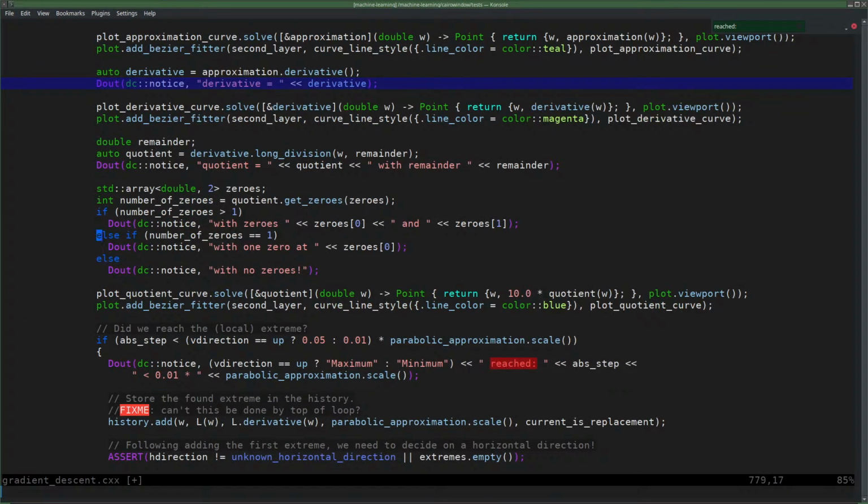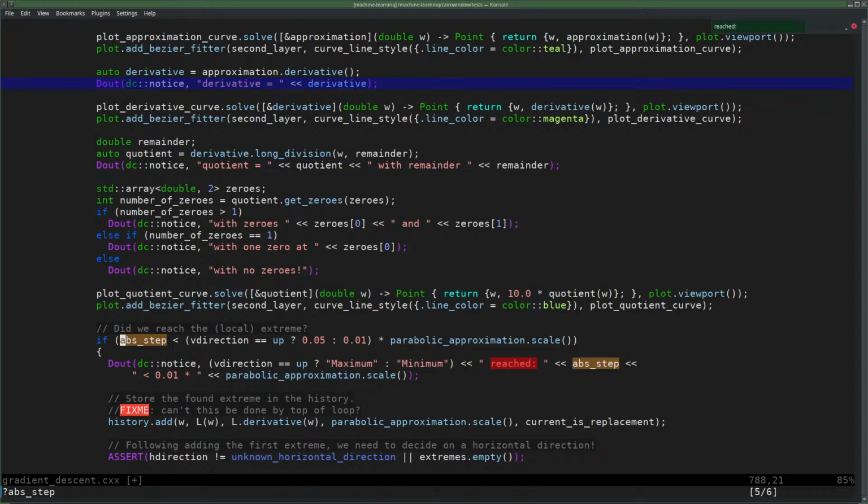And then after having fitted the 4th degree polynomial, I'm doing again this test. It's kind of the exact same test as I did already. The absolute step is less than 1% of the parabolic approximation scale.